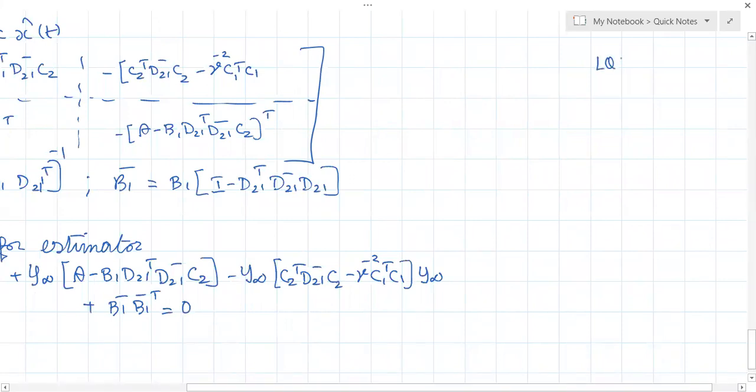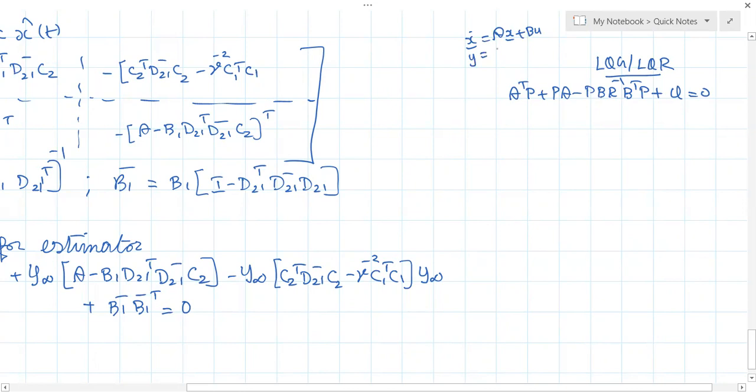Let me write here what the LQG thing is, then it will be clear. LQG or LQR form is more or less similar to that. This is the pertaining Riccati equation for the LQG problem: A transpose P plus PA minus PBR inverse B transpose P plus Q equal to 0. So what is LQR? You have a linear plant, X dot equals AX plus BU, Y equals CX.